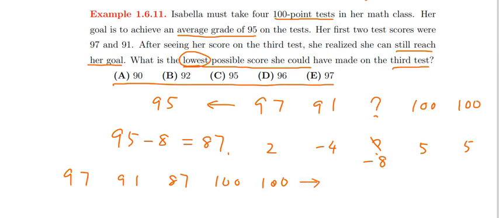Her average can still be 95, right? 95. Let's see. 2, 95, -4, -8. Yeah, 5, 5. So the answer should be 87. If the answer is just like that, we can check the smallest one, 90 is also okay. Actually 87 is also okay.